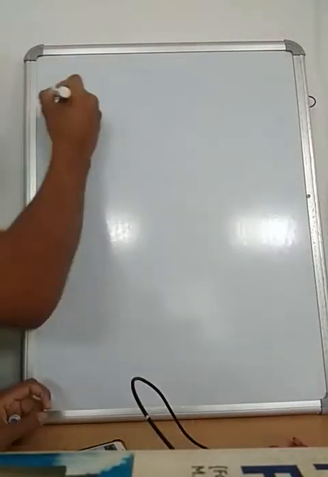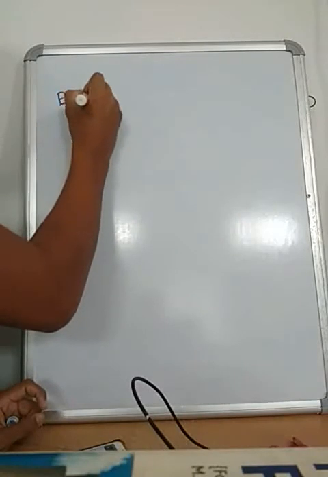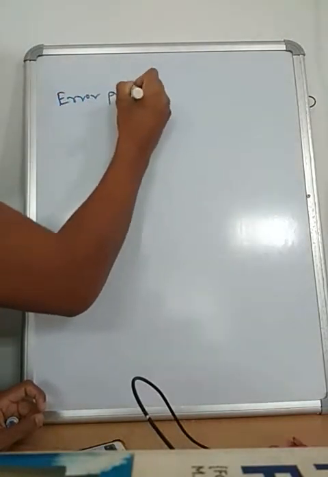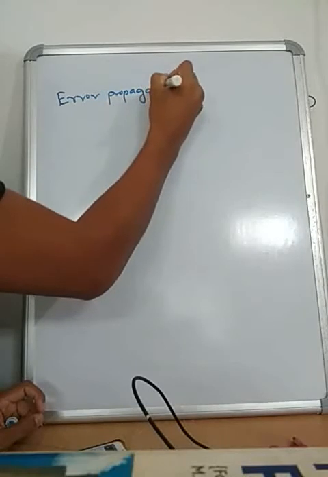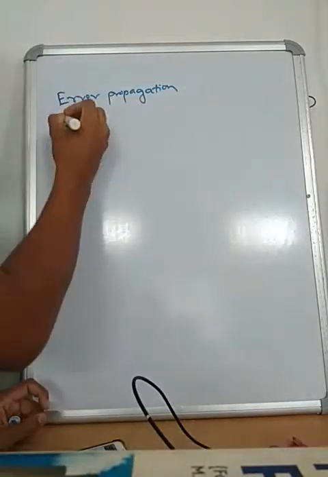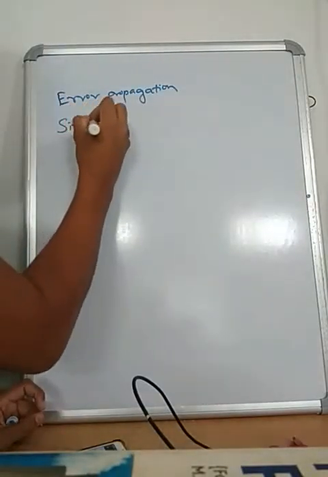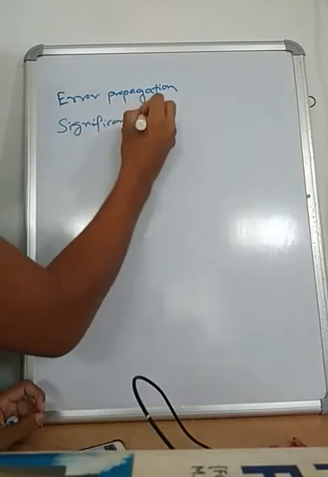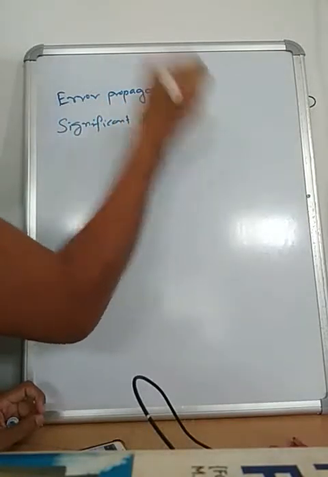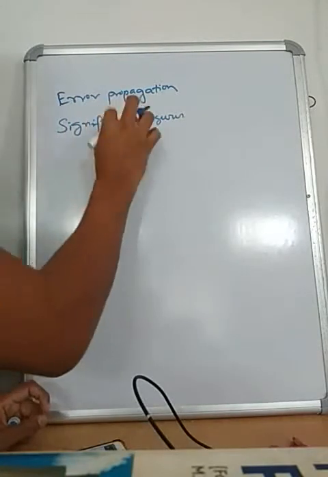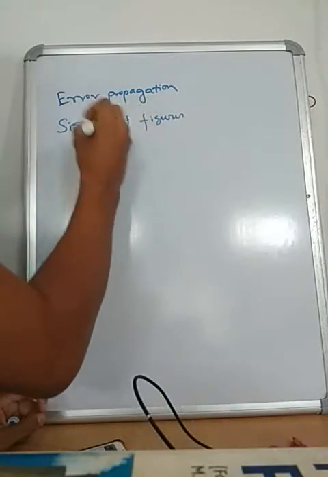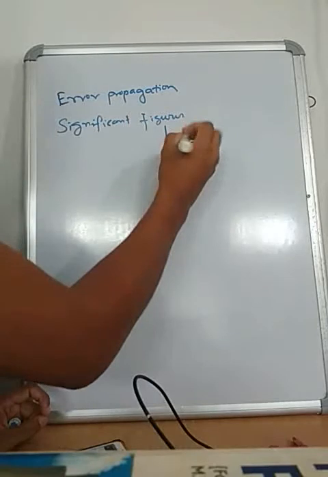Last class we discussed the propagation of errors, error propagation. Then we discussed significant figures, and during that discussion we got 5 rules.